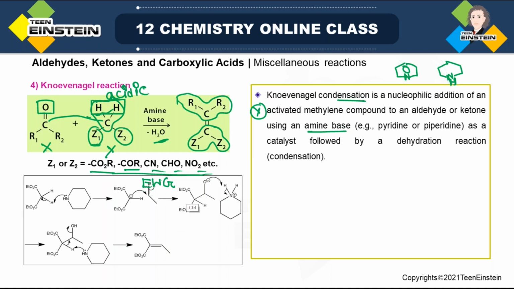Now if we look at the mechanism, here we have taken this base which is piperidine, and this is molecule Y, the active methylene compound, CO2Et, CH2, CO2Et. Fine. Now in presence of this base, the carbon hydrogen bond is broken, there is a negative charge on carbon.